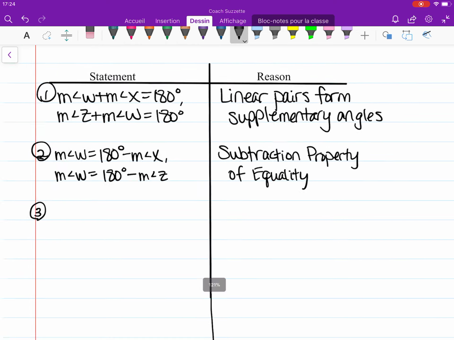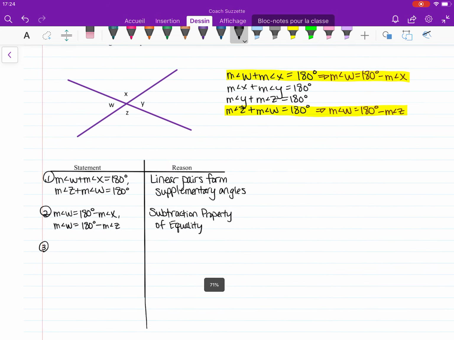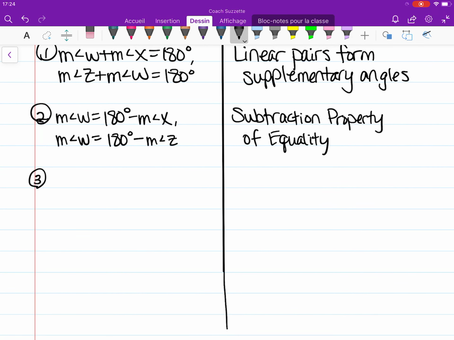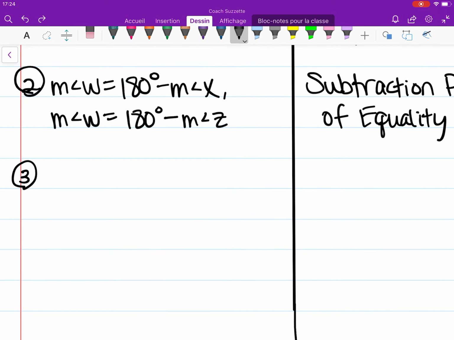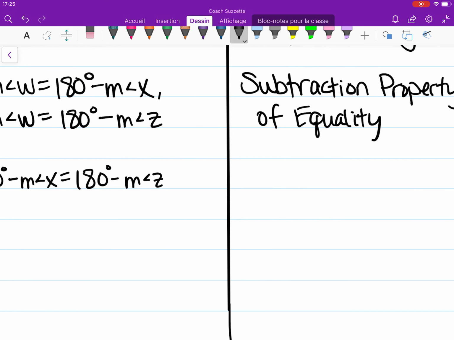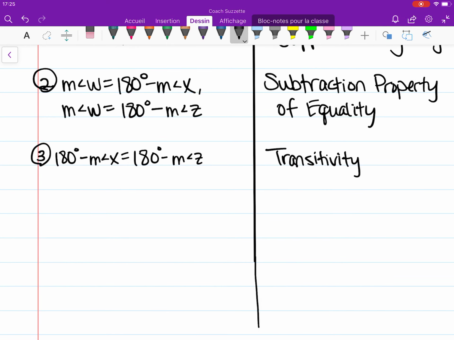Okay, I fixed it. Okay, and then we talked about transitivity, right? That these must be equivalent to each other. So let's write that next. 180 degrees minus the measure of angle X is equal to 180 degrees minus the measure of angle Z. Transitivity.